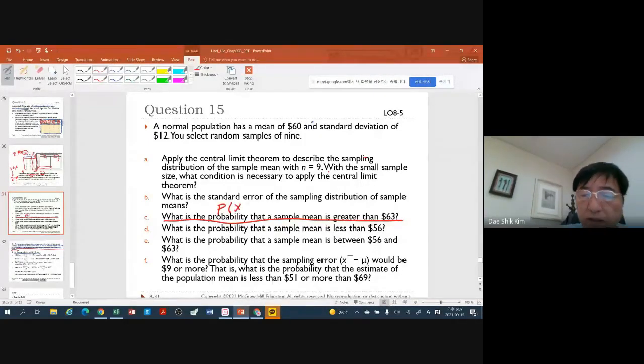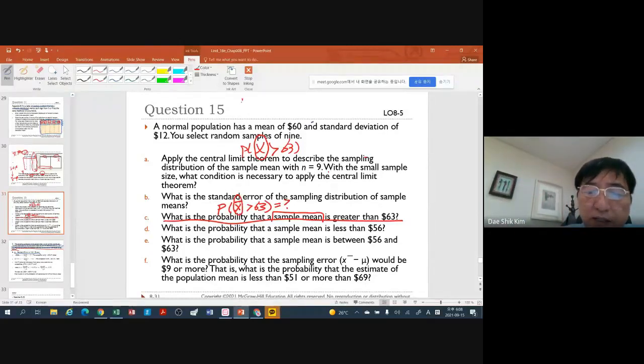Not X, it's the sample mean. X bar is greater than 63. Do you understand? The sample mean is greater than 63. If you translate it as P, X is greater than 63, it's totally different. This is the value itself. This is the sample mean.